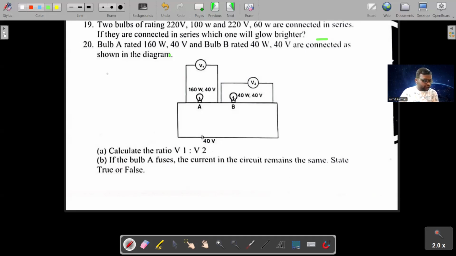So how to calculate? Students, first we will calculate the current for bulb A, that is I1. I1 is equal to power upon voltage. Power is 160 watt, voltage is 40 volt.